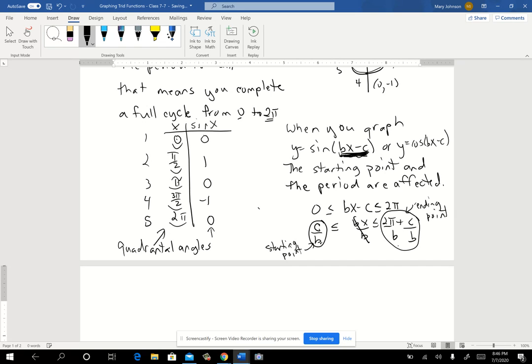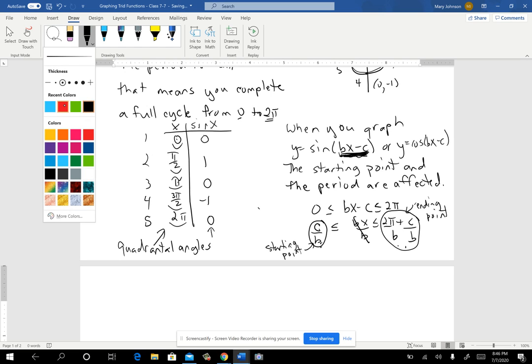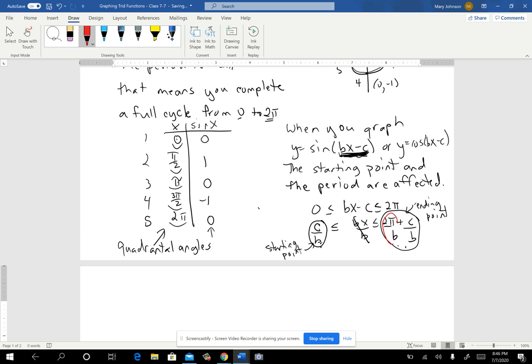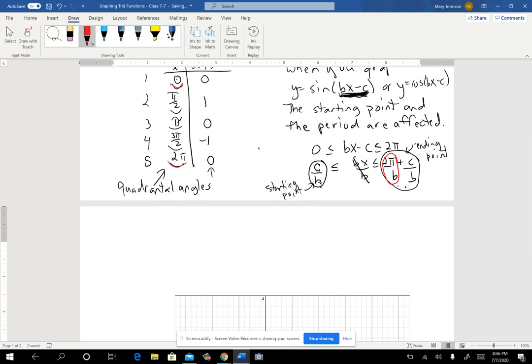The difference between these two is the period. So the period is 2 pi divided by b, whatever that turns out to be, okay? So we know our starting point, which corresponds to that location, our ending point, which corresponds to this, and then we're going to break it up like we did here to find what's halfway between and then what's halfway between each of those, okay?